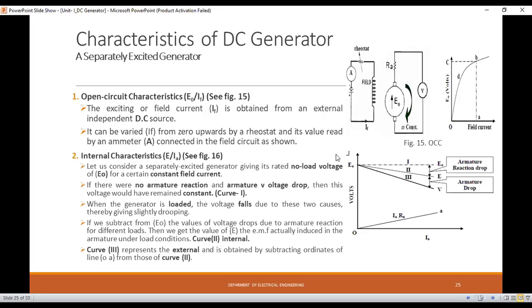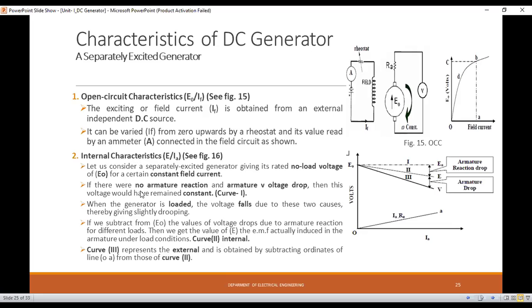So E0 EMF is induced at some value of field current IF. The field current is kept constant. This characteristic gives a relation between E versus IA.